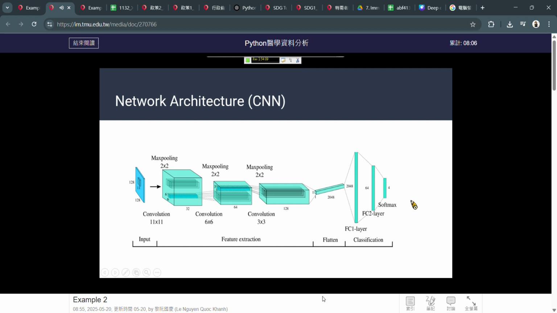Their neural network looks like this. So we have an image as an input. Then we perform convolution. We apply max pooling, then convolution again, max pooling, convolution again. Then we flatten, have a full connection layer, 64 nodes, and the final layer 4 nodes to perform the classification.